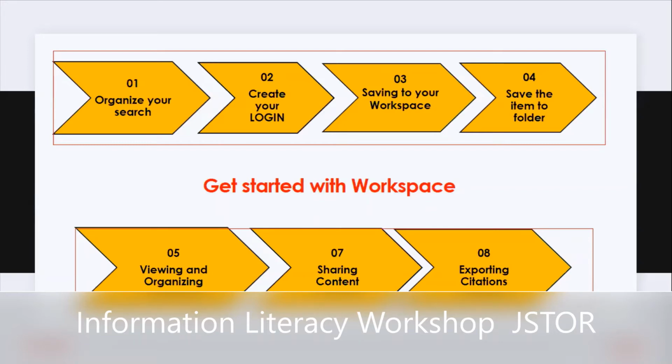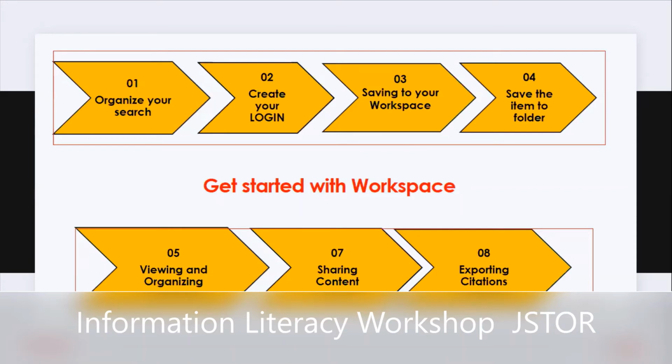So using this particular tool, which is known as Workspace, you can save your work on JSTOR and come back to it at any point of time you want. You can organize your search, create your login, and then save your work to your Workspace, saving the item to a folder. It will help you to view and organize.